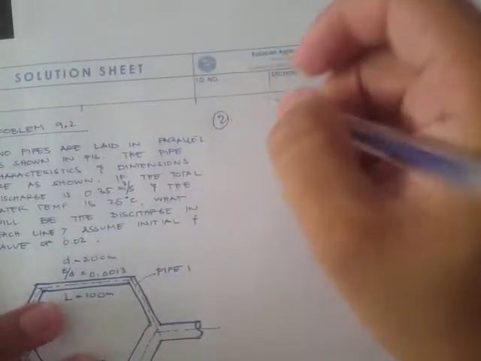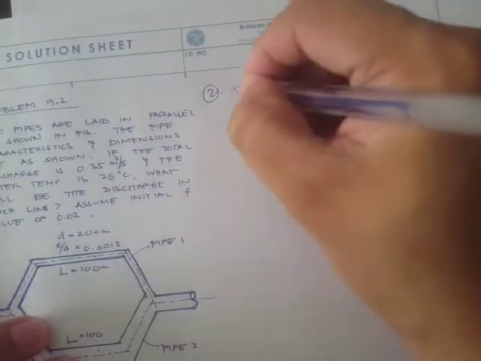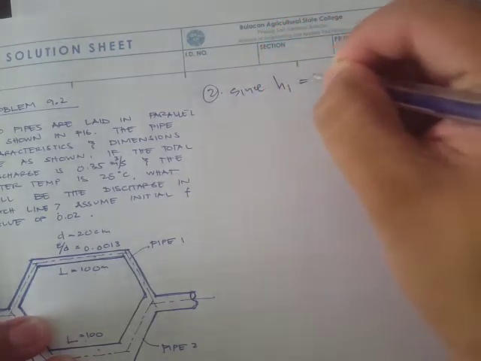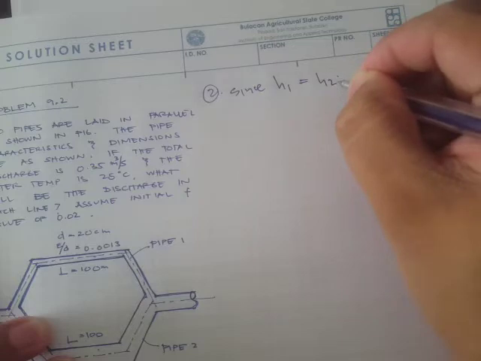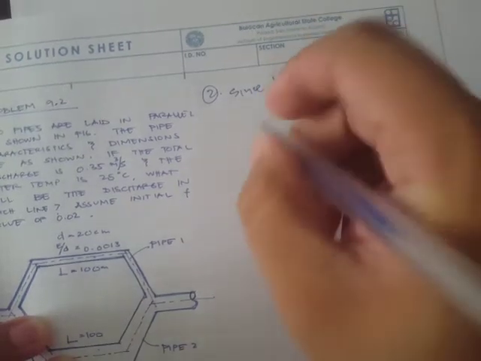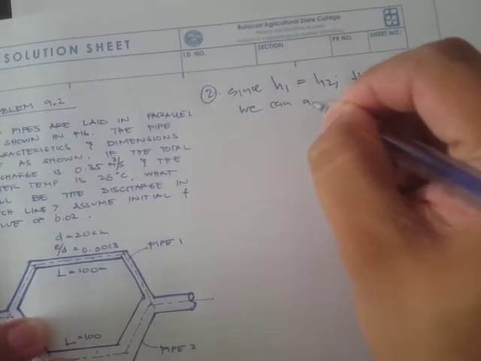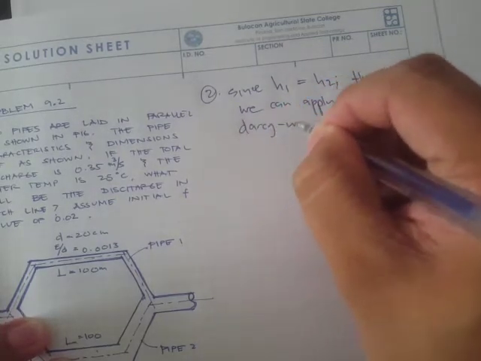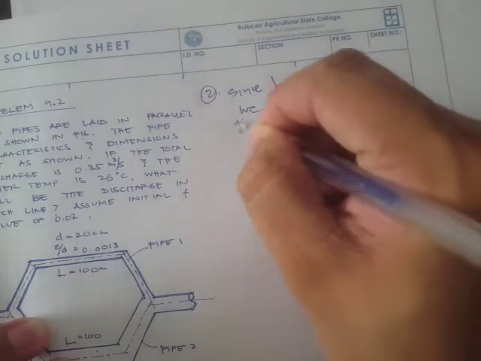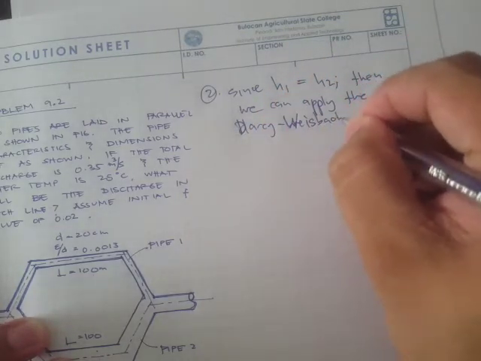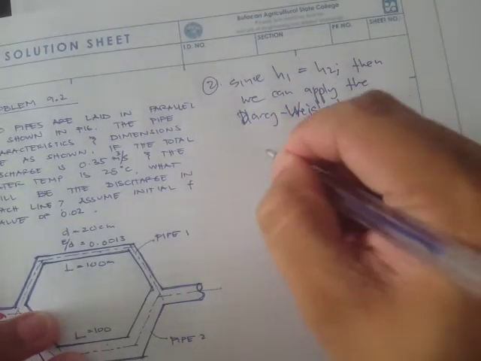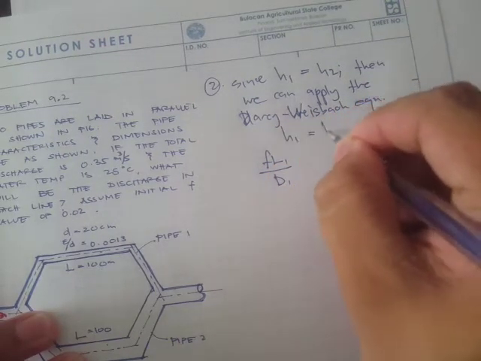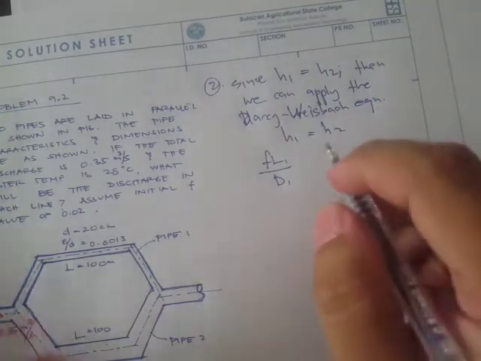Okay, so the next step is, since head loss at pipe 1 is equal to head loss at pipe 2, then we can apply the Darcy-Weisbach equation. Okay, this must be capital Darcy-Weisbach equation. So f L over D, so that's at point 1, or H sub 1, is simply equal to H sub 2.